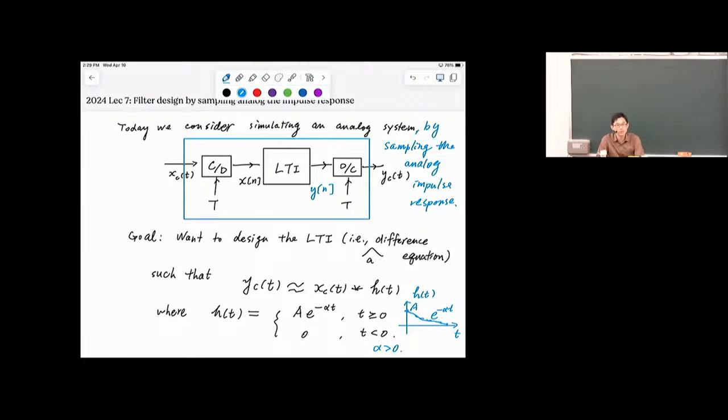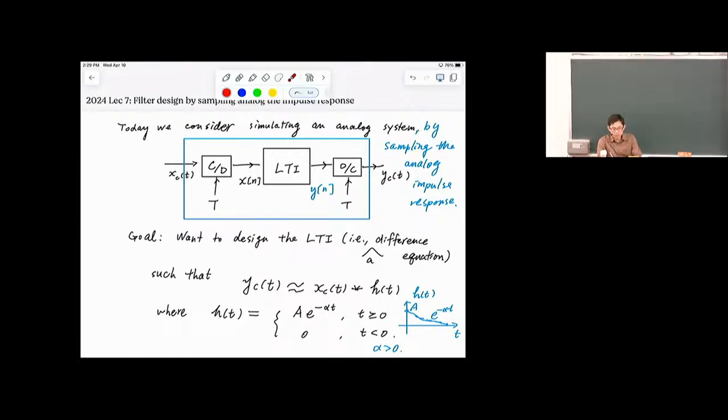Then you can just apply D to C conversion to go back to the analog domain, denoting the output signal in the analog domain as y_c of t, where c again stands for continuous. So that's a general framework of digital signal processing, of digital filtering, basically.